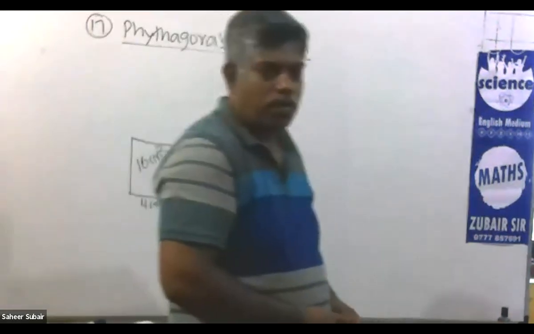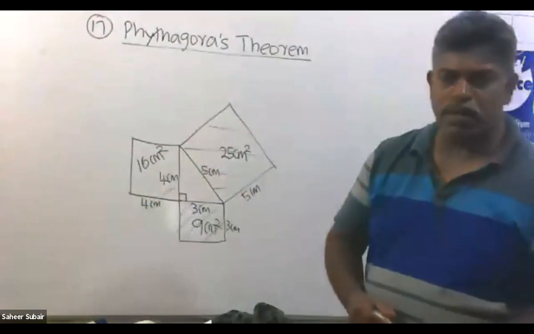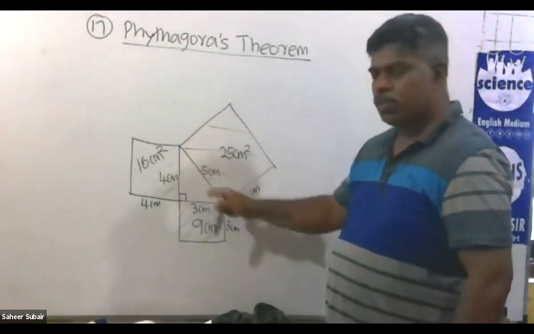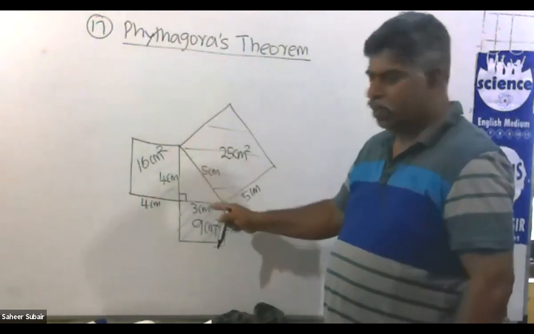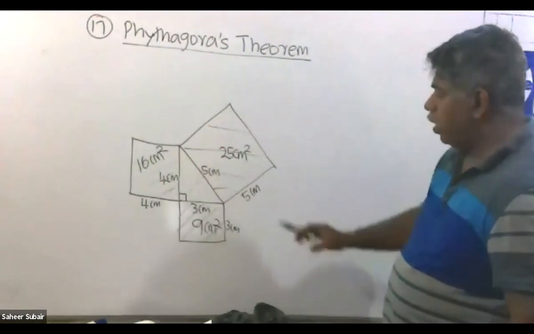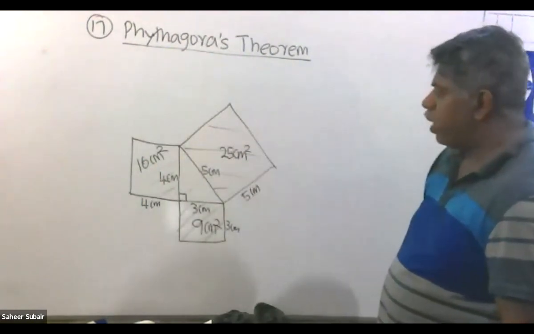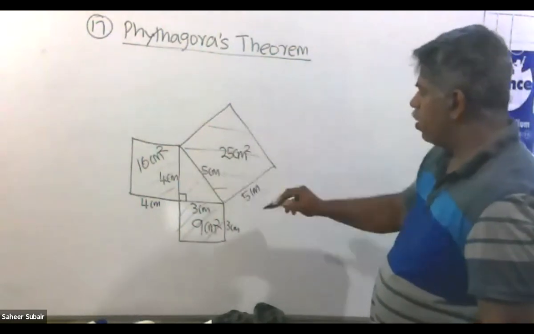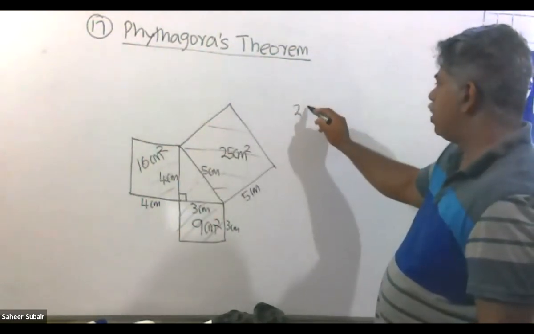Right? Then this right angle triangle. The side opposite to the right angle is called the hypotenuse. These are the other two sides. Then see the square made on the hypotenuse. The area of the square made on the hypotenuse is 25.